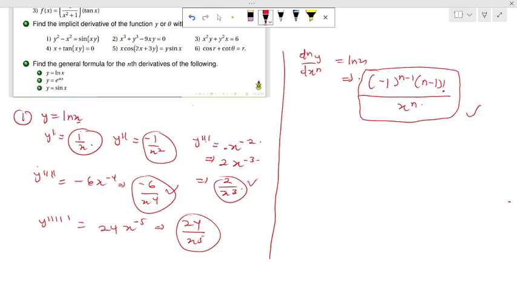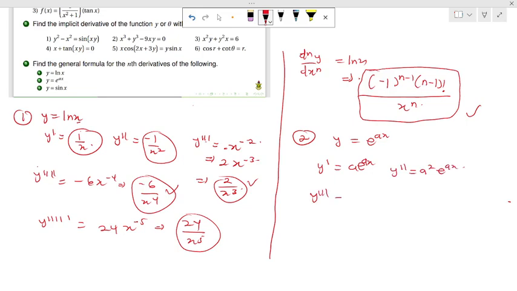Let's go to e to the power x, number 2. e to the power ax is so interesting. Our first derivative y prime will be equal to what? a e to the power ax, is that not it? You just take the coefficient. Our second derivative will be a squared e to the power ax.